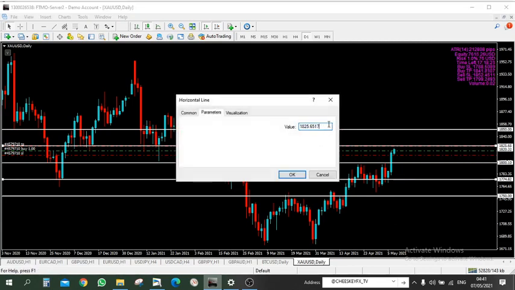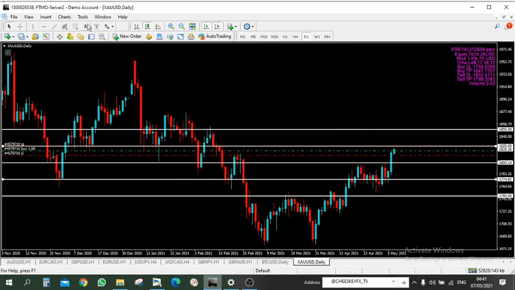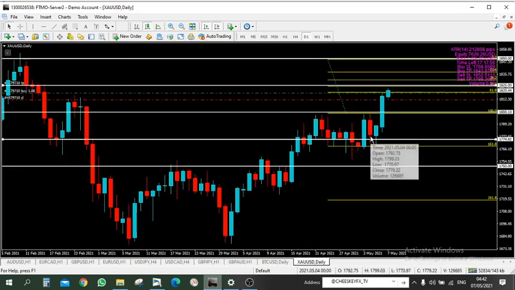If you don't know how I use Fibonacci, as I said before, 15 Fibonacci from this zone to the next zone. Then I will apply my 15 Fibonacci. This is my 15 Fibonacci. I can zoom out, you can see it clearly.